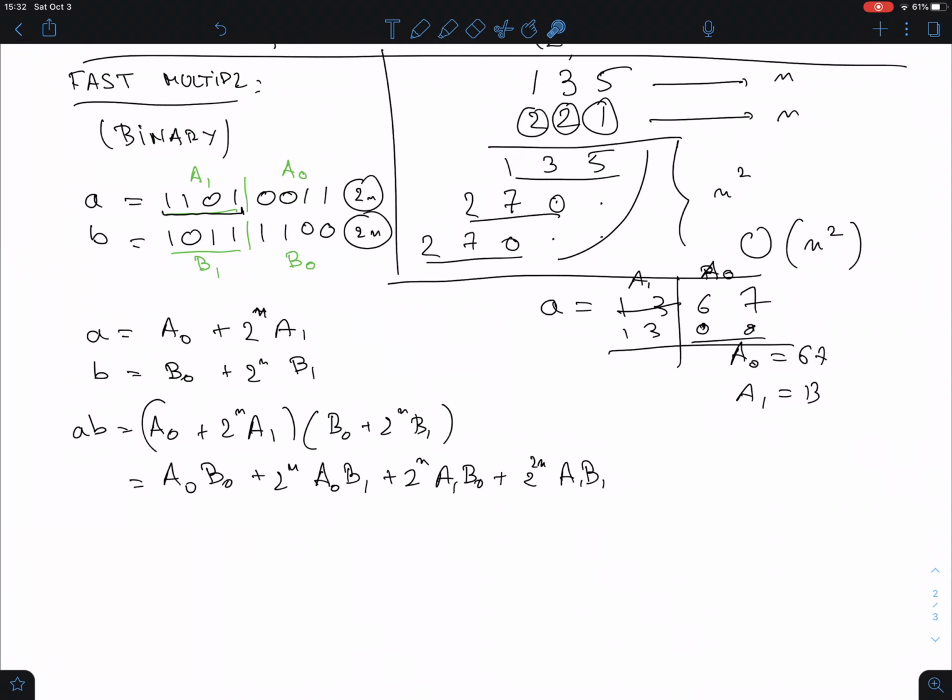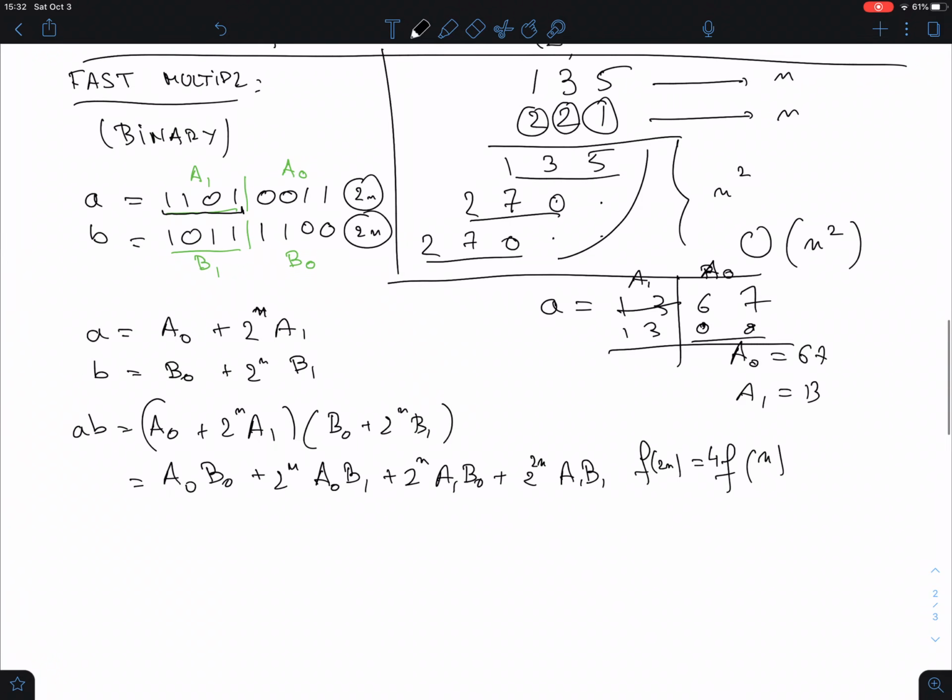The size was 2n, so half the size would be n actually. So f of 2n is f of n, and we would have to do it 4 times, and then we have to put it together, let's say, by 4 calculations.